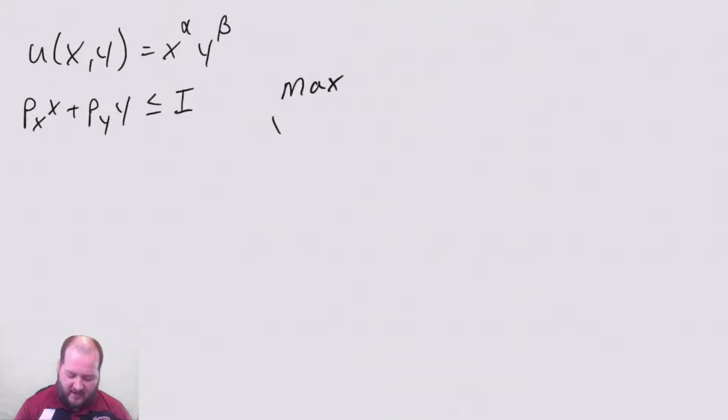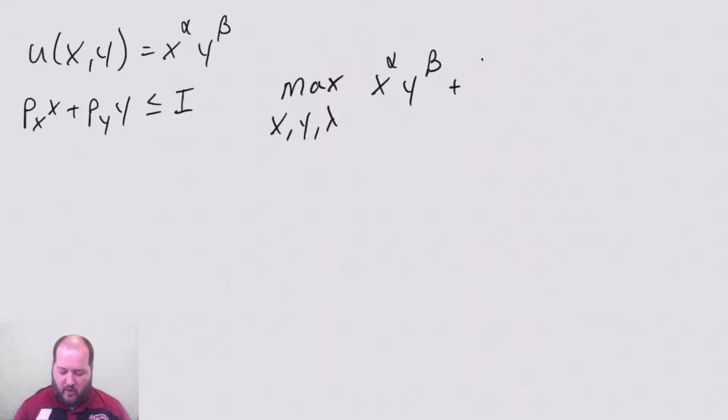So we're choosing X, we're choosing Y, and then once we add our constraint, we're also going to choose lambda, which of course is our Lagrange multiplier. So we're going to maximize our objective function, which of course is our utility function, which is X to the alpha power, Y to the beta power. And then we're going to add our Lagrange multiplier times our constraint. And remember that we need to rearrange our constraint such that it's greater than or equal to 0.